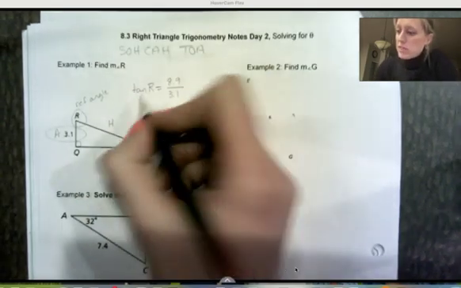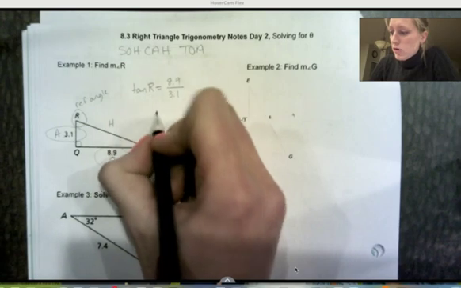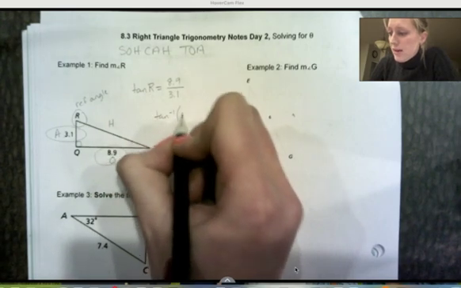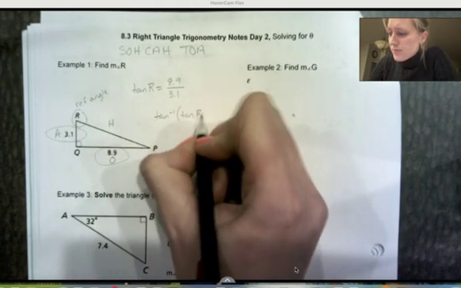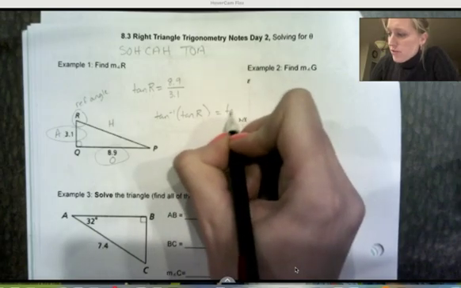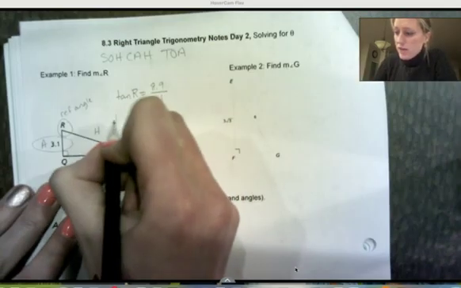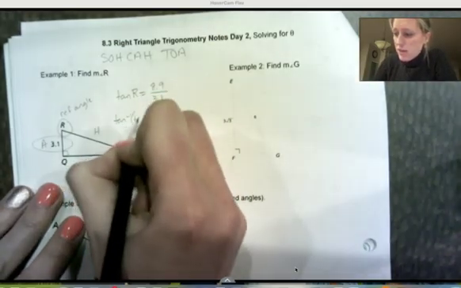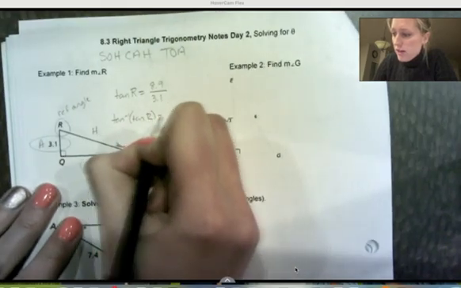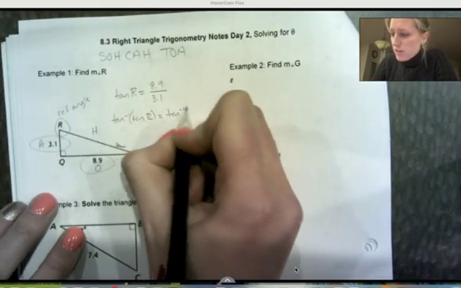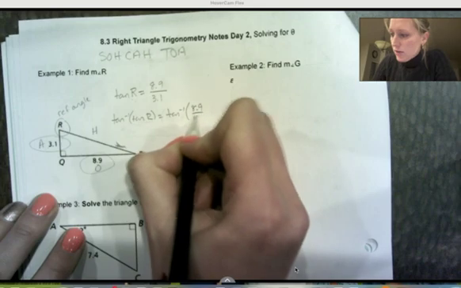So here's how I'm going to do this. I'm going to apply tangent inverse to both sides. Sorry, I'm running out of room. Tangent inverse of tan of R equals tangent inverse of 8.9 over 3.1.